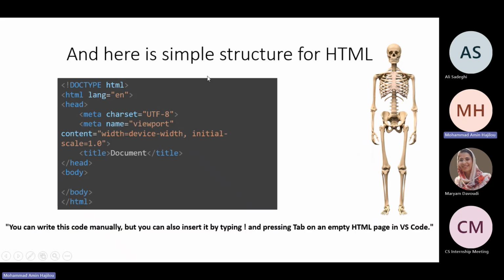And here's a simple structure for HTML. As you can see, you can write this code manually, but you can also insert it by typing this abbreviation and pressing tab on an empty HTML page in VS Code.